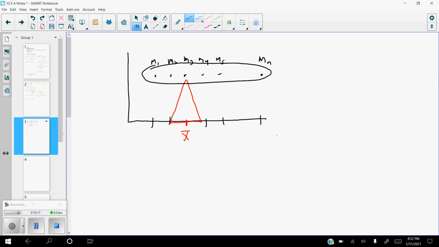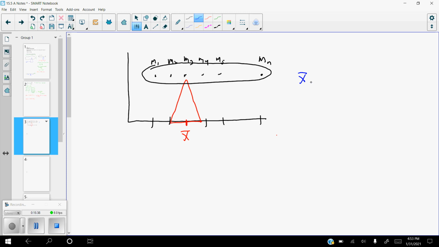And we know from the definition that we came up with on the other page that x bar is the sum of all of those masses times their x locations. So let's write that, because we don't want to write out m1 x1 plus m2 x2 plus m3 x3 all the way up to the nth one, especially if we were to have a really large amount of them.